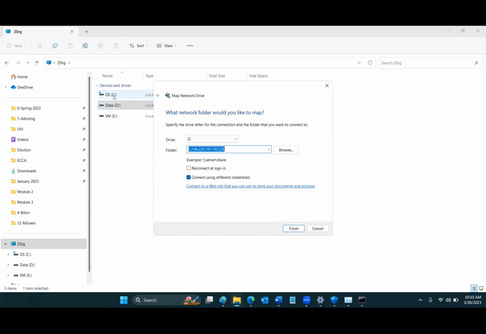Each of the disks has a hidden administrative share based on the drive letter, and it's hidden with a dollar sign. And all I have to do is this. I'm going to take this off and just see if my current login will connect.